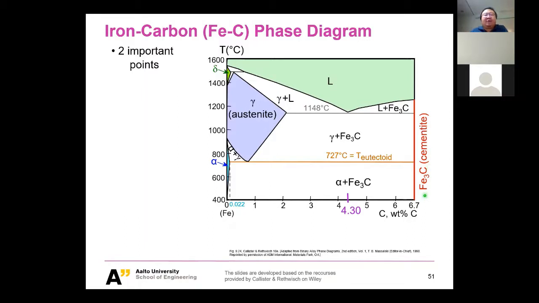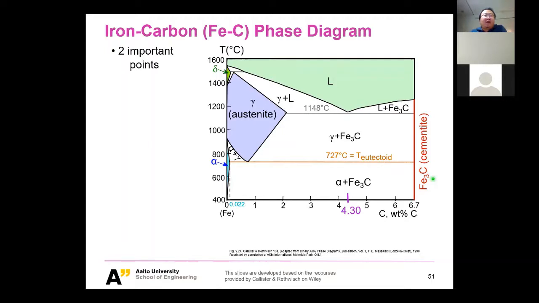This is a specific composition with 3 iron atoms plus 1 carbon. This is very hard, by the way, among intermetallic compounds. It is much harder than iron. And this is something for you to remember.